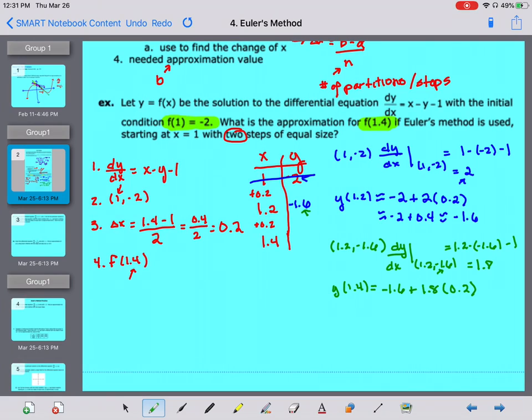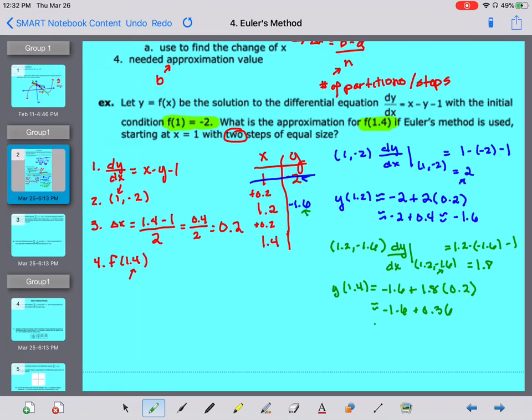So if I do that calculation, sorry, those should be approximates, I get -1.6 plus 1.8 times 0.2 gives us 0.36. Okay, if you have trouble multiplying with decimals, just forget about the decimals. 18 times 2, which is 36, and then count your decimals over just like you did when you first learned how to multiply with decimals. Okay, so that's how I'm getting that 0.36.